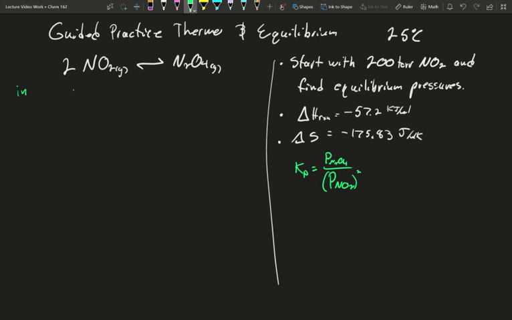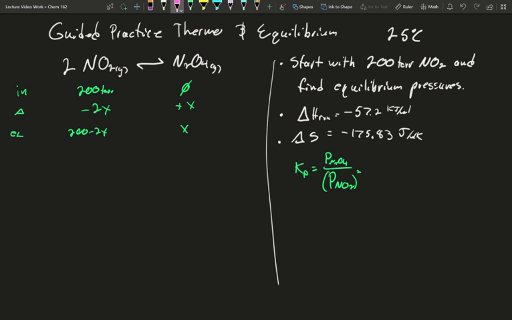There'll be no products. There'll be a change. We'll lose 2x and we'll gain x. And at equilibrium will be 200 minus 2x and will be x. We could arrange that, set it equal to Kp. We could then solve out for what x is. But for that, I need the equilibrium constant.